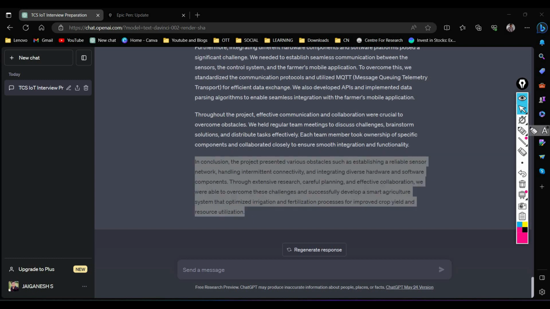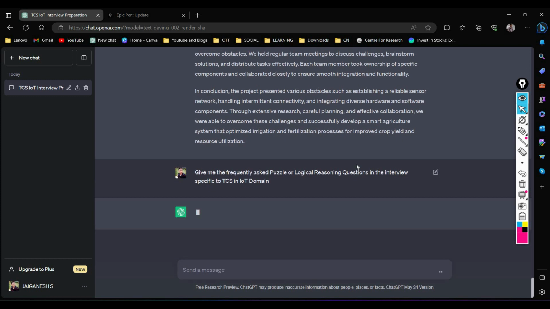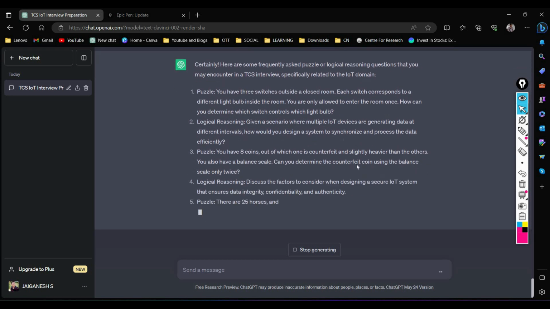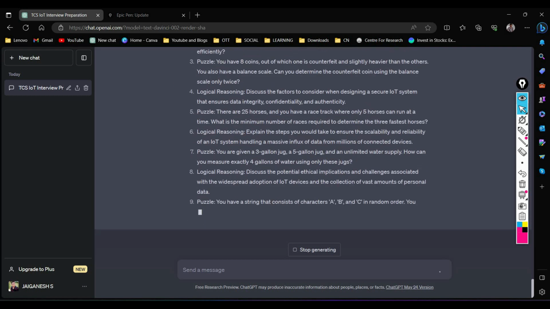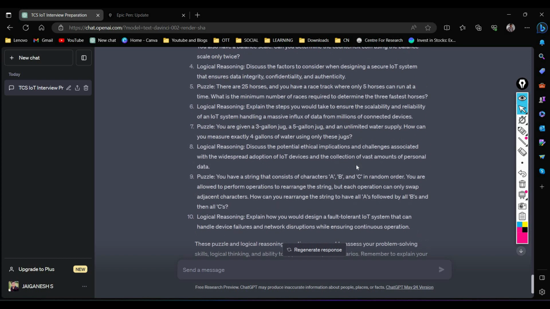And moving on to the third type of question, the puzzle and logical reasoning questions. Here again I am asking ChatGPT to give me the frequently asked puzzle or logical reasoning questions to prepare. Again, it is going to give me the various puzzles and logical reasoning questions that you may expect, or a similar type of questions in your interview as well.